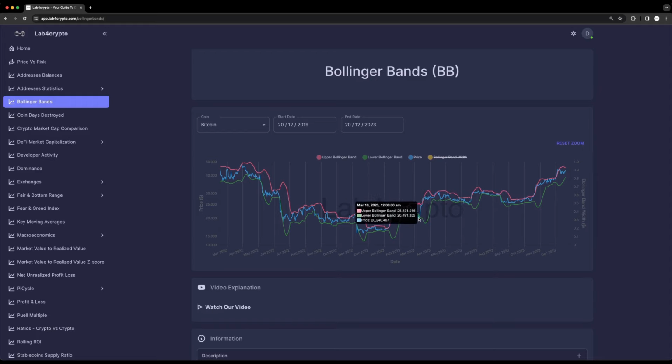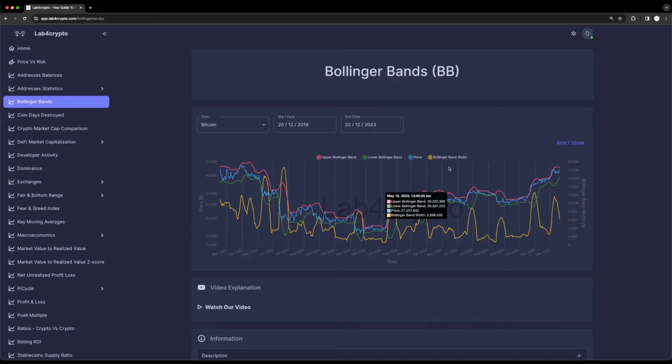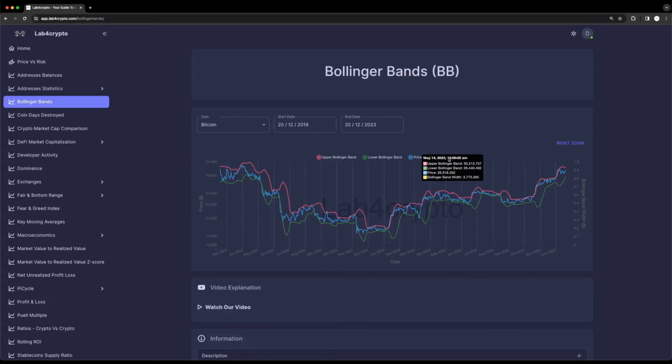For example, if we mouse over on March 10, 2023, we can see that the Bitcoin price bounced on the lower Bollinger Band, which is the green line, and then found a resistance on the red line, which is the upper Bollinger Band. In the platform, you will be able to find the Bollinger Band width, which is the difference between the upper and the lower band, and is just there to ease your calculation.